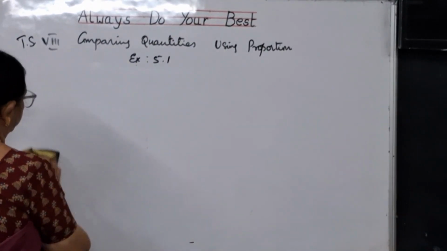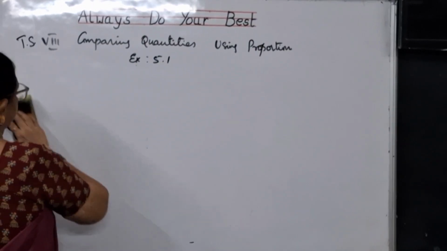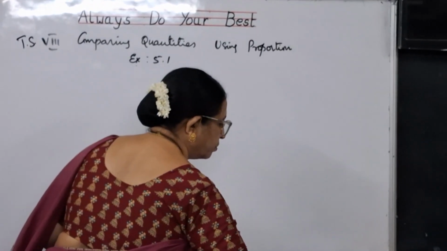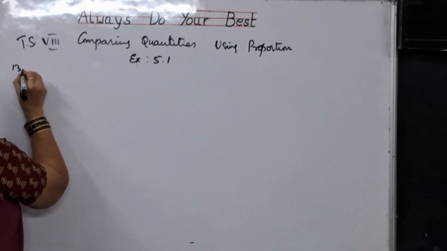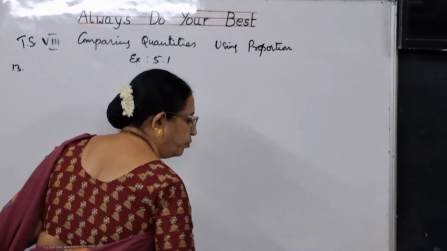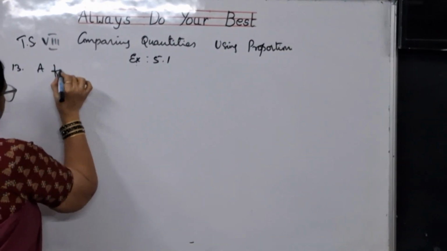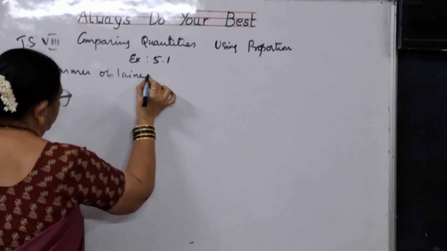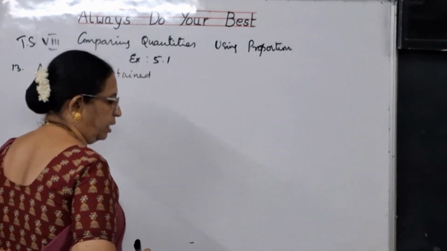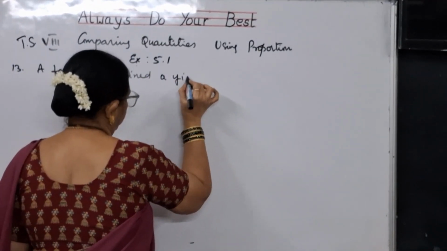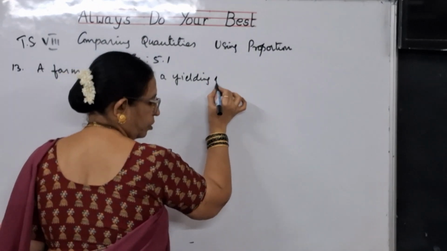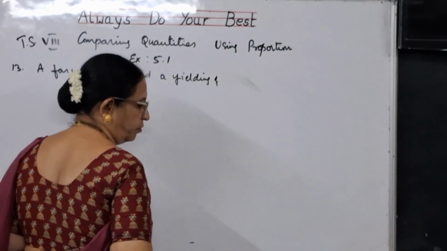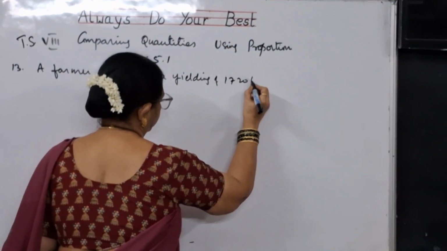Now 13th question. A farmer obtained a yielding of 1720 bags.